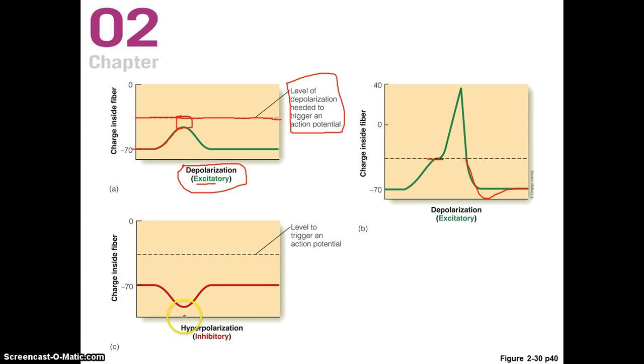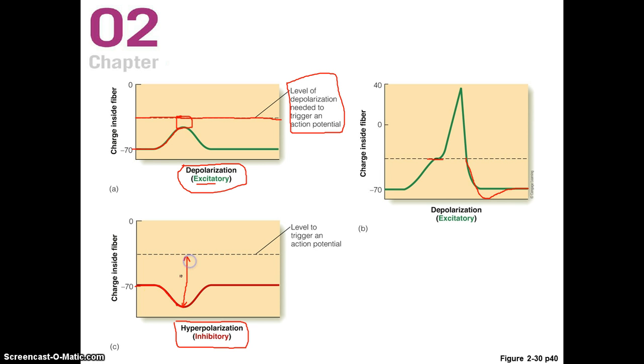And so if you followed that, then you know exactly now what an inhibitory neurotransmitter does. It does exactly the opposite. So here we start out at the resting potential value for this cell. If this cell picks up an inhibitory neurotransmitter, that inhibitory neurotransmitter is actually going to hyperpolarize the cell, bringing the charge inside the cell away from that threshold value, right? So now look at how far this cell has to go before it reaches that threshold value.